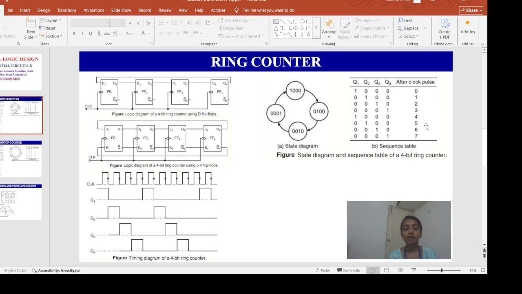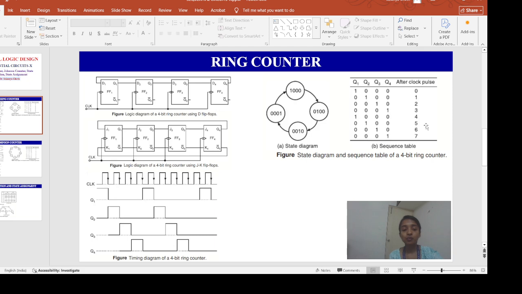So the number of distinct states in a ring counter, that is the mod of the ring counter, is equal to the number of flip-flops used in the counter. So an n-bit ring counter can count n states, whereas in the case of the ripple counter, an n-bit ripple counter can count 2 to the power n states.